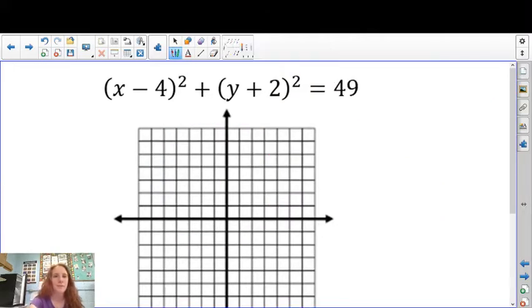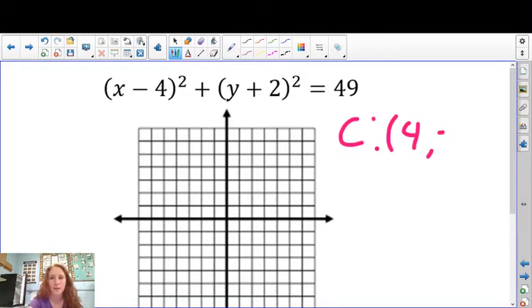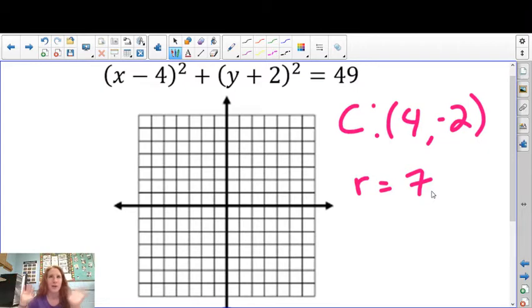All right, next one. So my center is at 4, negative 2, and my radius is 7. And I know a couple of these are off the charts, but I think your homework is a lot easier and you don't go as crazy. So my center's there. So 1, 2, 3, 4.